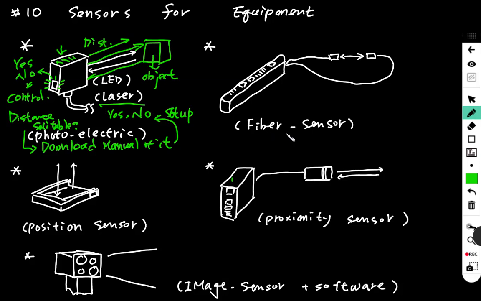Next, the fiber sensor. The fiber sensor controller is here, and it uses two fibers, fiber A and fiber B, and there is a distance here.